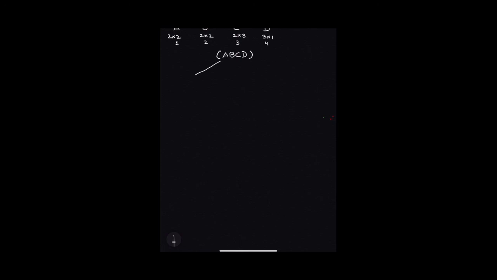I can either multiply A, B, C together and then multiply it with D. Similarly, I can multiply A, B together and then C and D together.